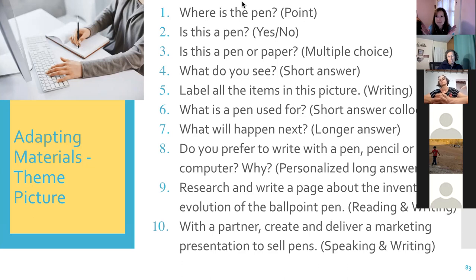And then just get blank stares, like nothing. You can start out by naming the objects and saying, this is a pen, this is a computer, and then ask them, where is the pen? And they can point to it or circle it in their book.